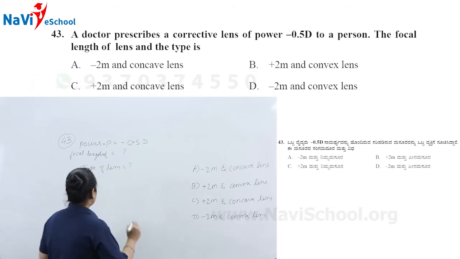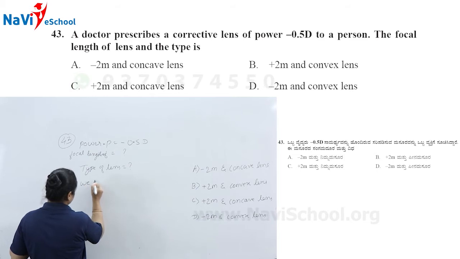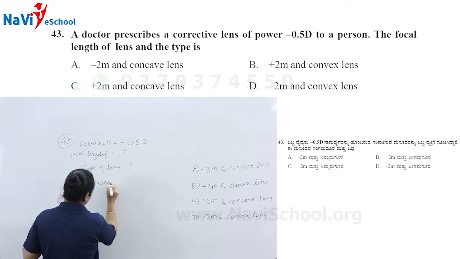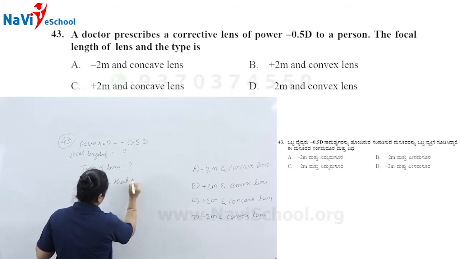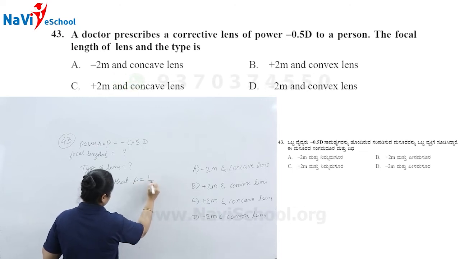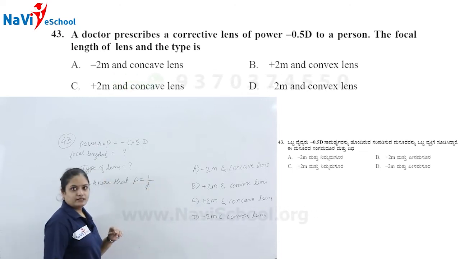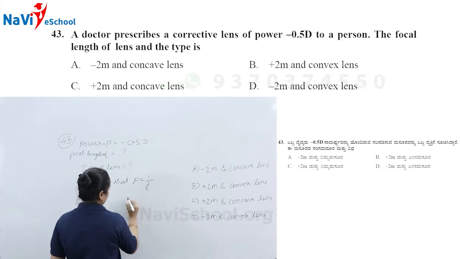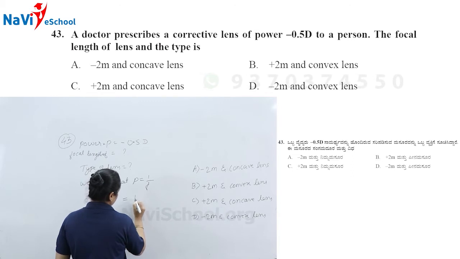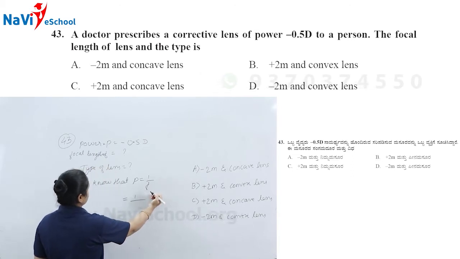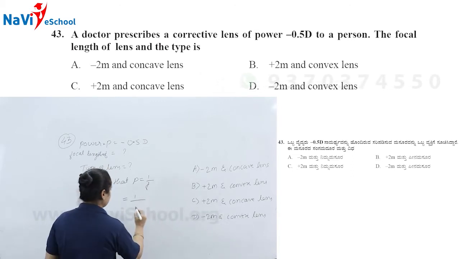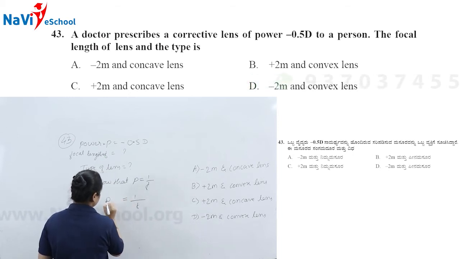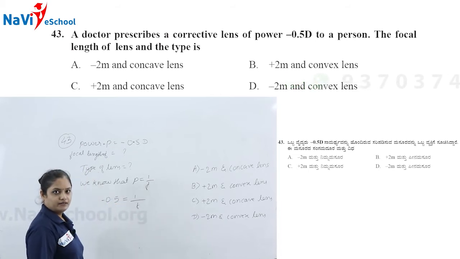Okay. So here we know that power P is equal to 1 by f, isn't it? It is a formula. So, here 1 upon f means we don't know. Keep this one as it is, and power here we know minus 0.5. Okay.